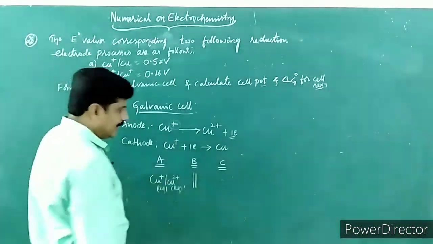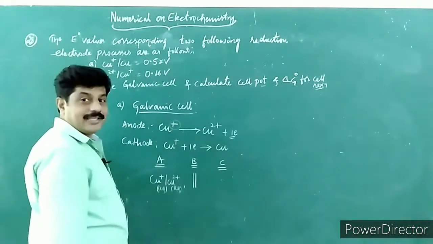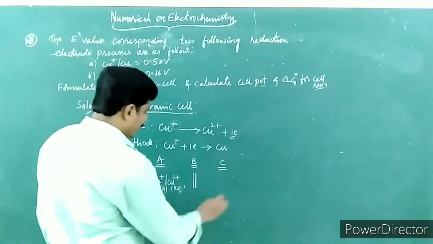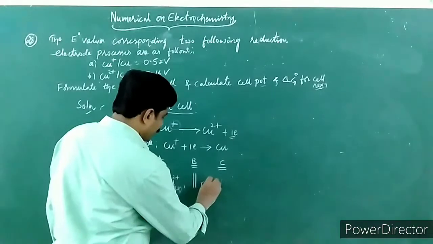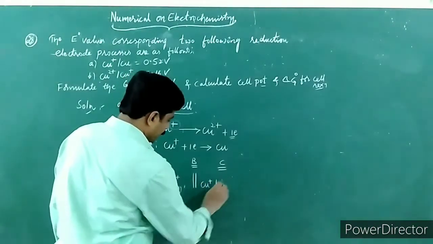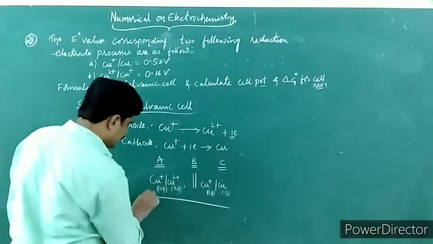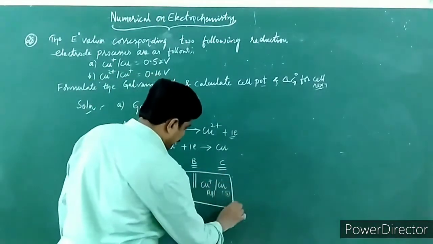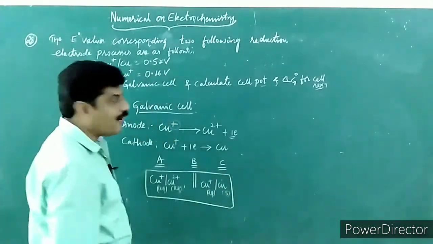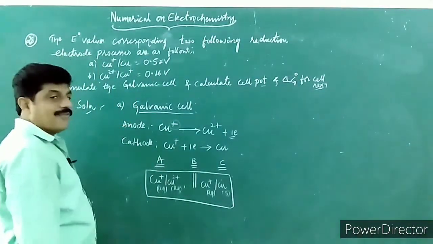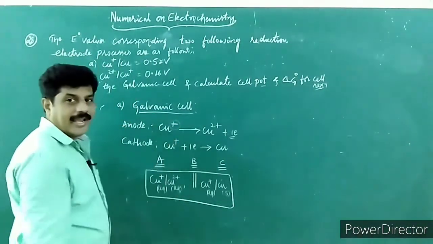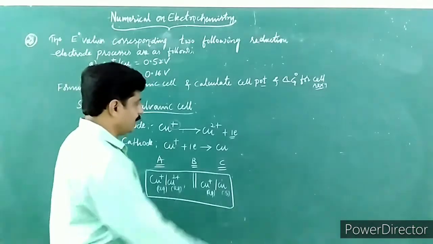On the other side, the cathodic reaction takes place. How do I write that? Cu+|Cu. This is aqueous, this is solid. So this is the cell representation for a cell involving these two anodic and cathodic reactions.